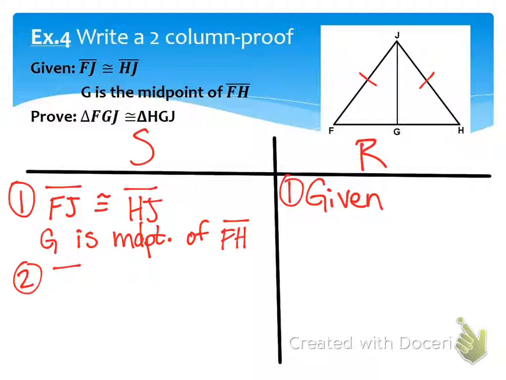Good. So I'm going to stick with congruence as opposed to equal, just so that I don't have to add other steps in there. But if G is directly in the middle of FH, then FG is congruent to GH. So I could make that statement and mark it, but I have to give a reason for it. Definition of a midpoint. Very good.